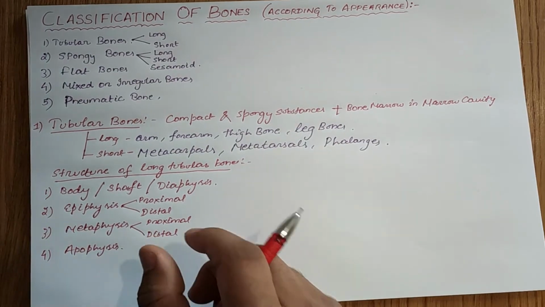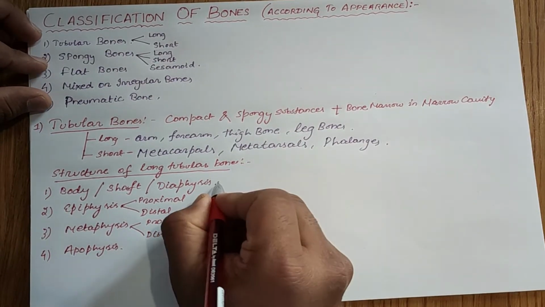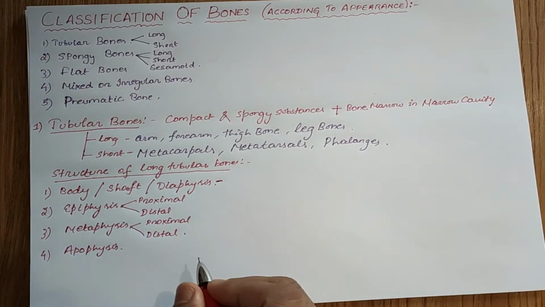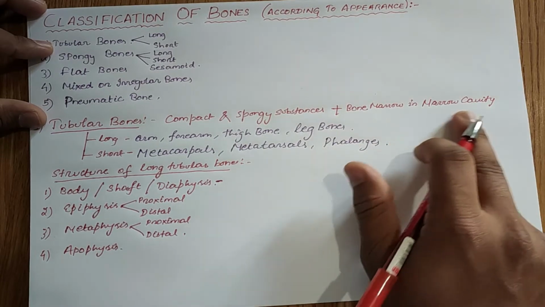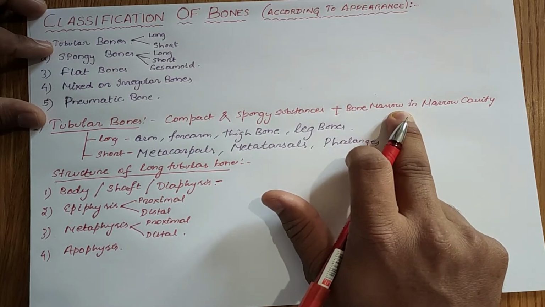What do you mean by body, shaft, or diaphysis? Diaphysis is a part of the bone. It is the middle part of the bone, which mostly comprises compact substance, and it has the marrow cavity in which the bone marrow is present.